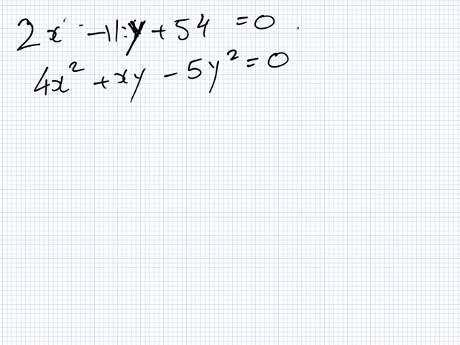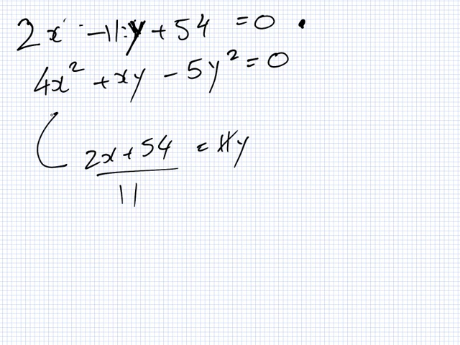So I'll take this one, and do we remember what you say when you have y on one side? Yeah, make y the subject. So, what do I get here for y? I get, let's see, 2x plus 54 equals 11y. So if I divide by 11, I get this for y. Then I need to put this in here.